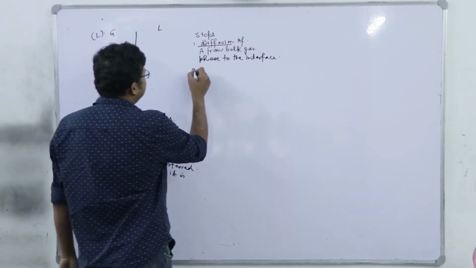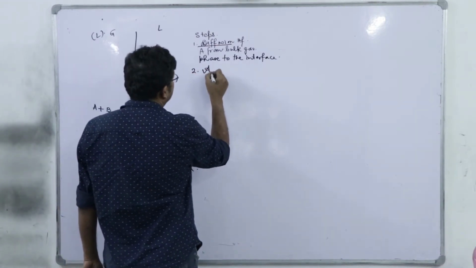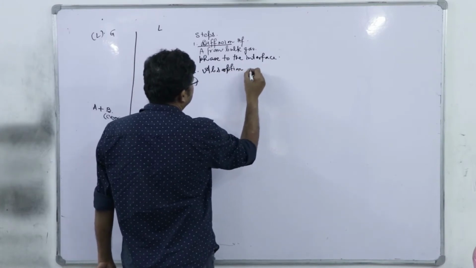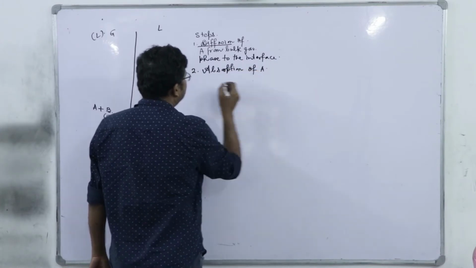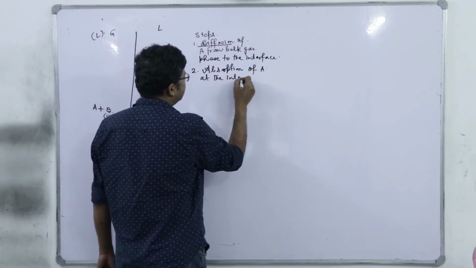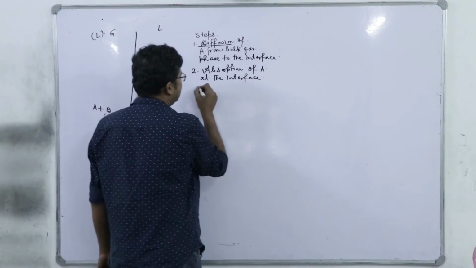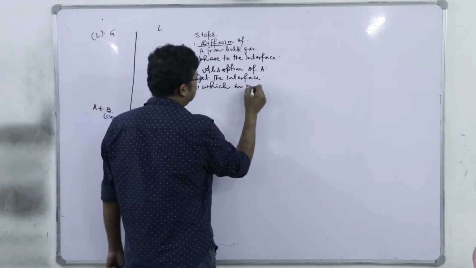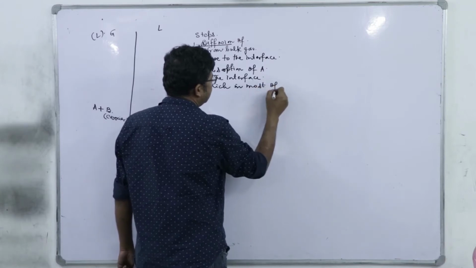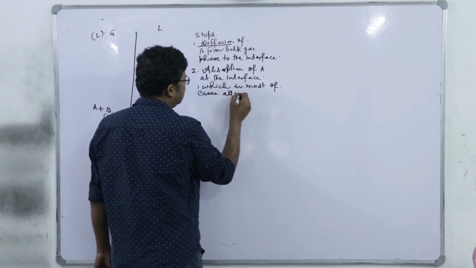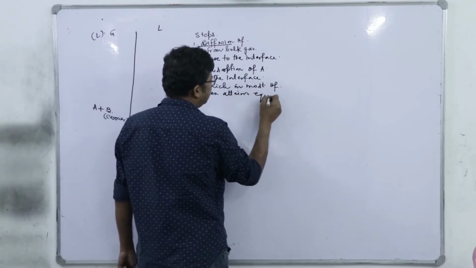So, the second is absorption of A at the interface, which in most cases attains equilibrium.